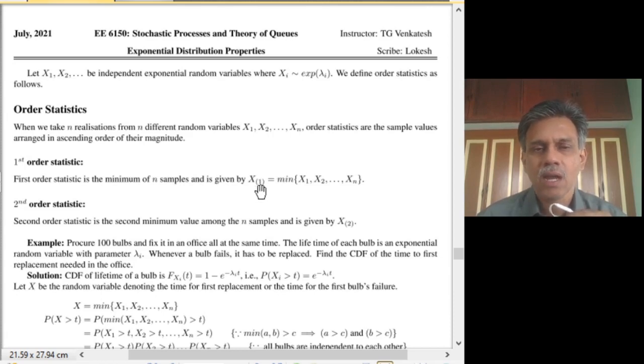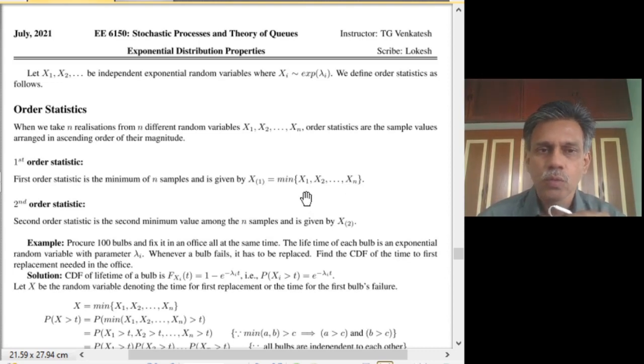This is the convention that we normally follow to denote the random variables which denote the order statistics. It is just given by the minimum of x1, x2 to xn. On the other hand, if you look at the second minimum, where there is only one other realization which is smaller than this value, that is called the second minimum. Then the third minimum, fourth minimum, and in this way we can go on. And then you will have the nth minimum, which is nothing but the maximum among all these random variables.